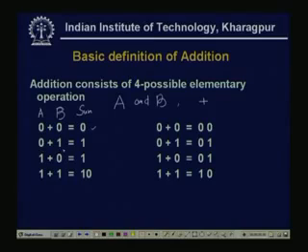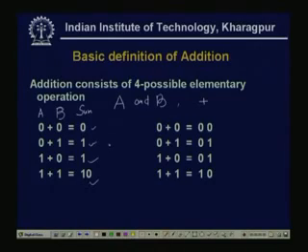If it is 0 plus 1, the sum is 1. If it is 1 plus 0, it is 1. These are binary additions, and 1 plus 1 means the sum is 1 0.